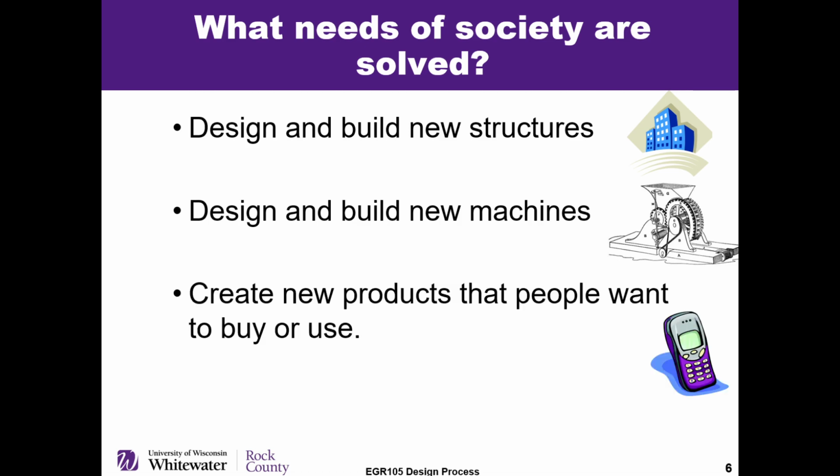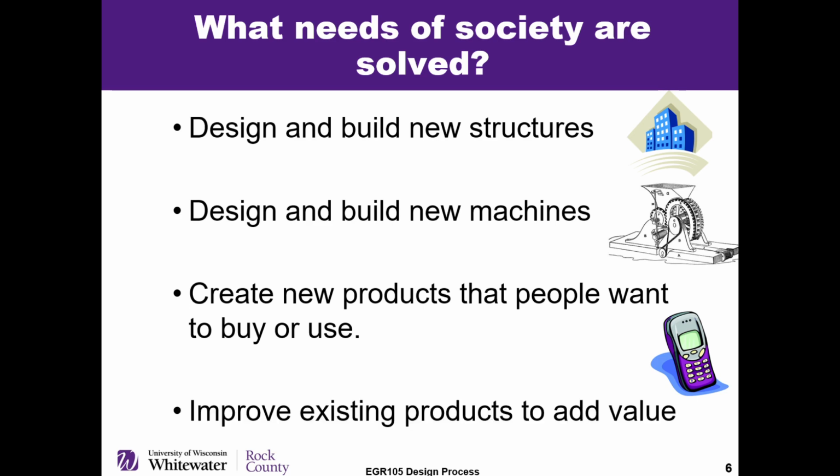Manufacturing engineers would do that. Create new products that people want to buy and use, and all of the different disciplines really fall into that. Maybe not civil so much, but a lot of the other ones will all fall into that area. And then also improve existing products or add some value to existing products.